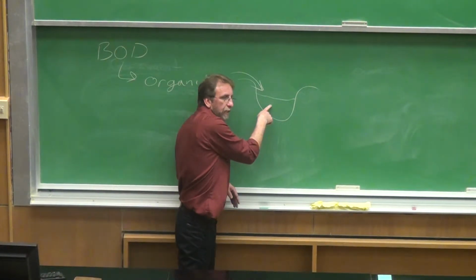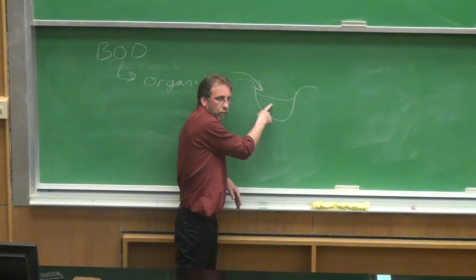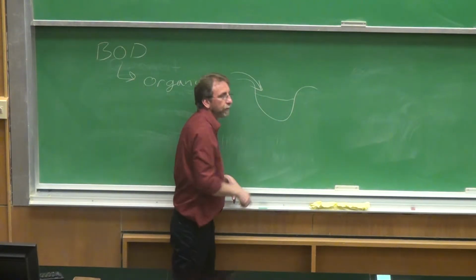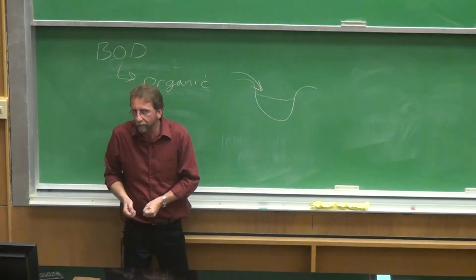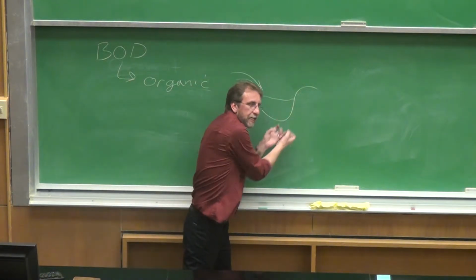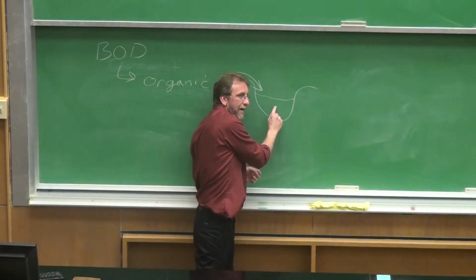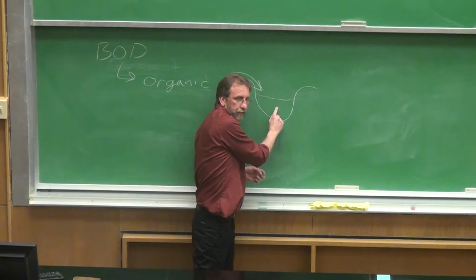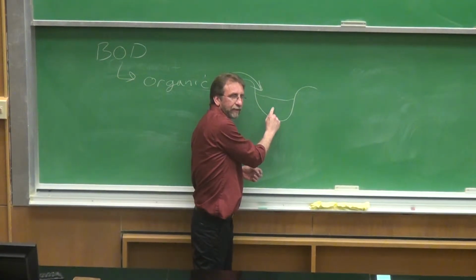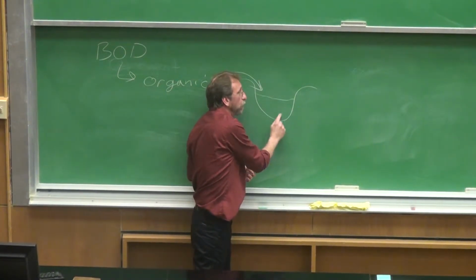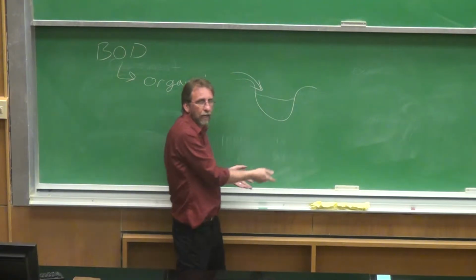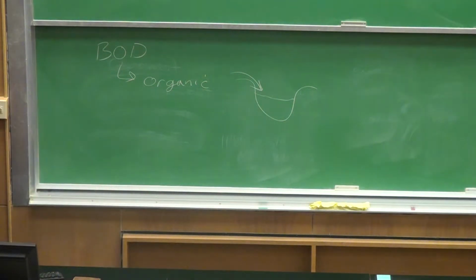If you dump all that organic matter into a body of water like this, the microbes that are there are going to break down that organic matter, and in order to do that, they're going to need to use oxygen. So there's going to be a demand placed on the system for oxygen. And if that demand is too great, those organisms that are living there will die because their oxygen will be sucked out of the system.